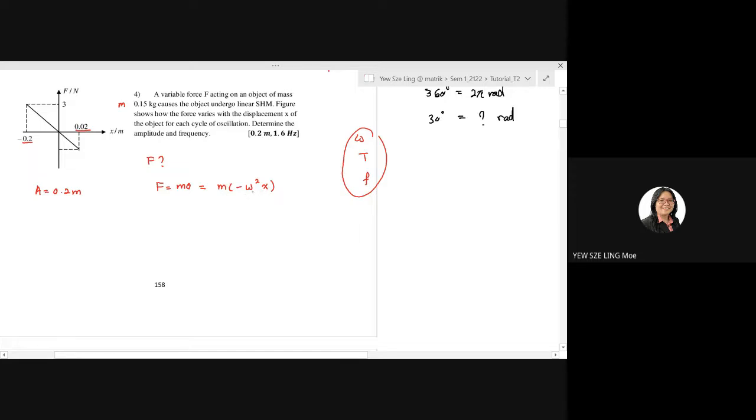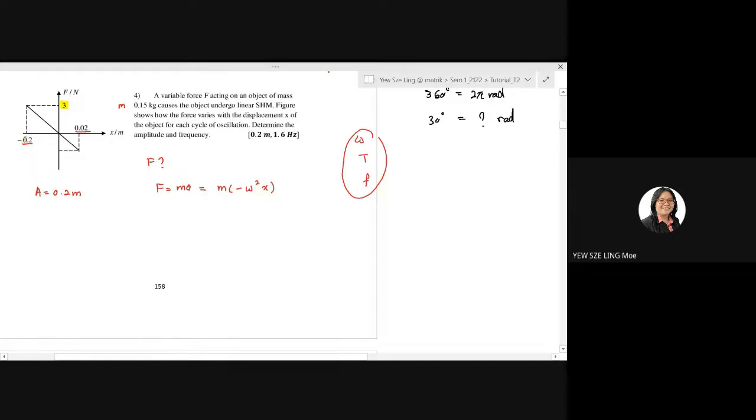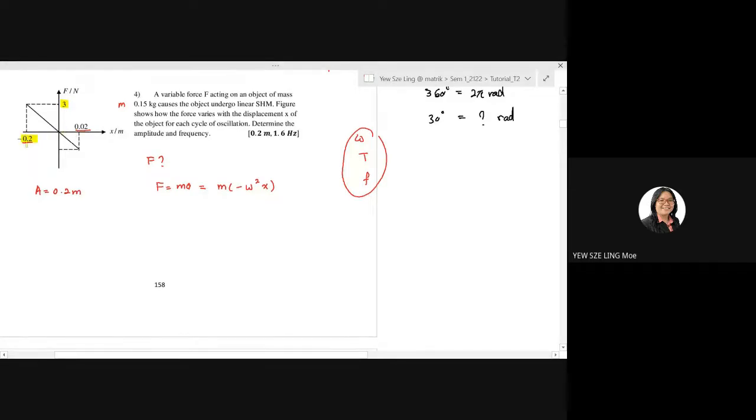So which values am I going to use? I have 0.15 kg. Now look at the graph again. The graph gave me force 3 Newton. This 3 Newton happened at which length, 0.02 or 0.2? Obviously, it's negative 0.2. So these are the values that we are going to use in our equation.